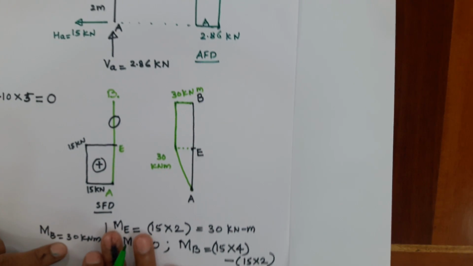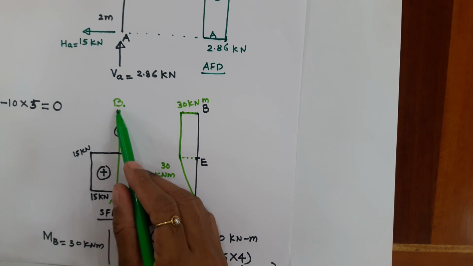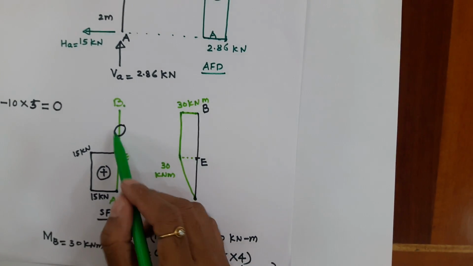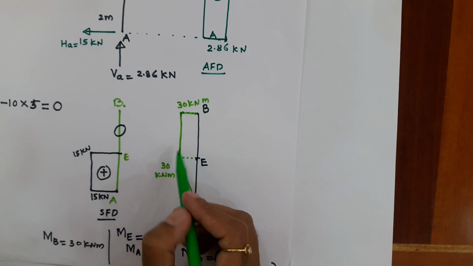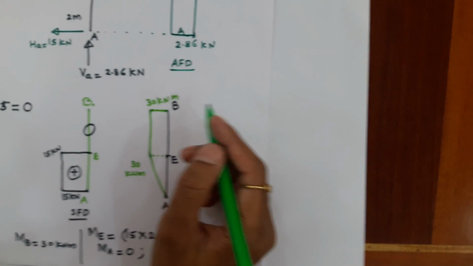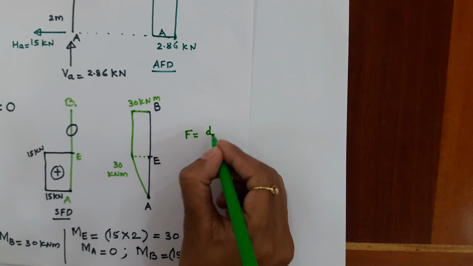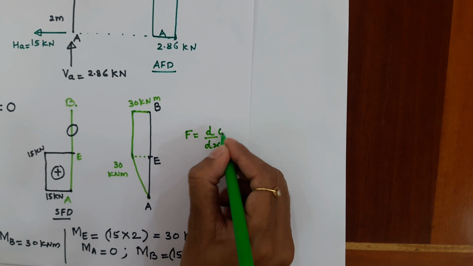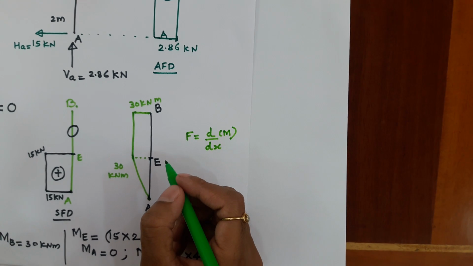And always we don't need mathematics and equations. It is very easy to understand because part B is free of any shear force. And therefore the bending moment is constant because we know that shear force is nothing but the rate of change of bending moment, that is F equal to dM/dx.